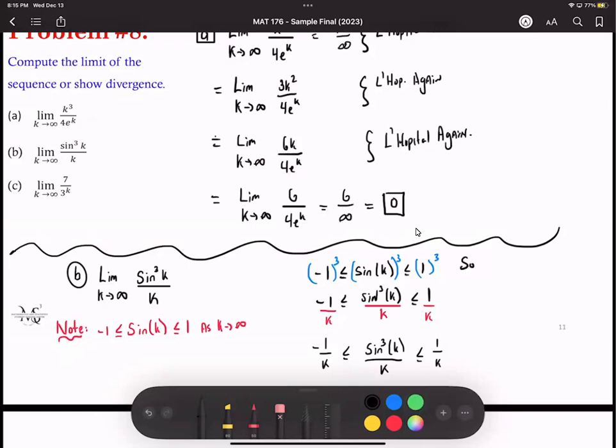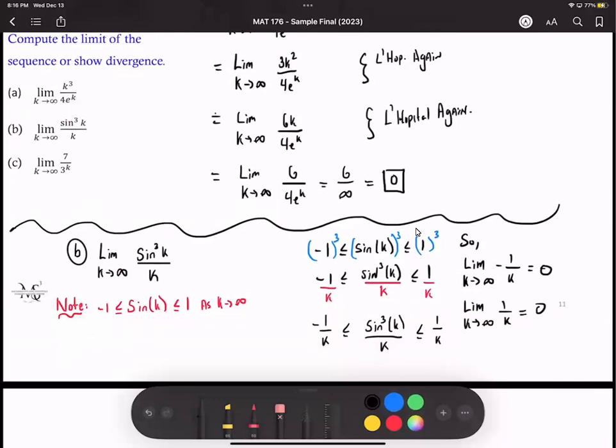So we take the limit as k approaches infinity of -1 over k. What do we know about this limit? What would it equal as k goes to infinity? It's going to be 0. And the limit as k goes to infinity of 1 over k is also 0.